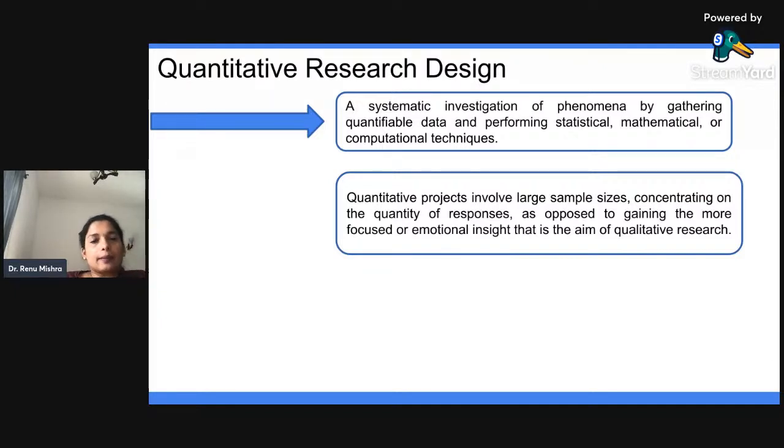Okay, coming back to quantitative research design. Firstly, you need to understand the nature of quantitative research: it gives you numerical data, data which is more statistically inclined.